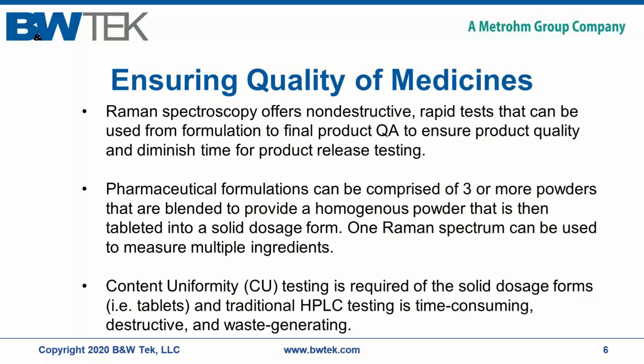The traditional methodologies, like HPLC, require the samples to be consumed, and they are time-consuming processes and generate waste as well. Whereas with Raman, we can measure the tablets as they are without any further sample preparation and not requiring any other consumables in that regard.